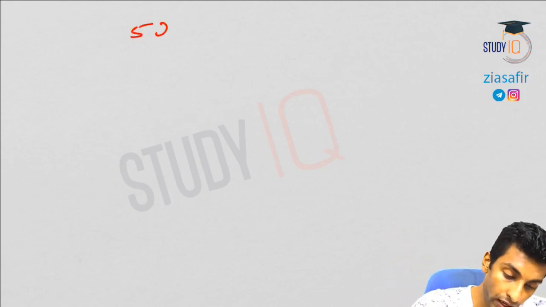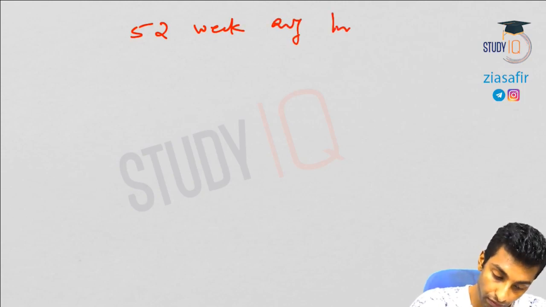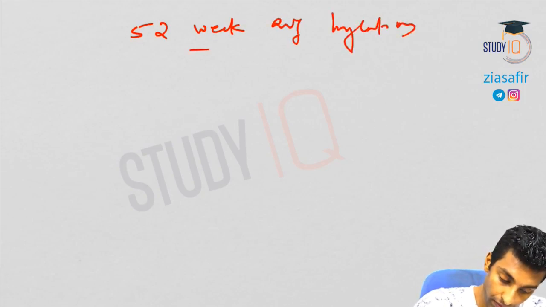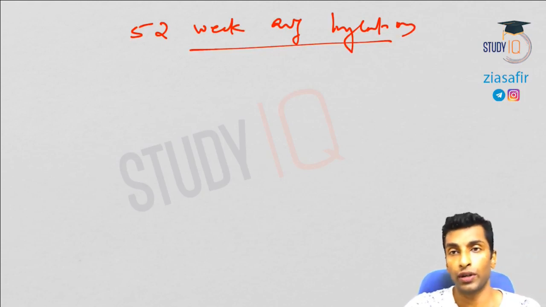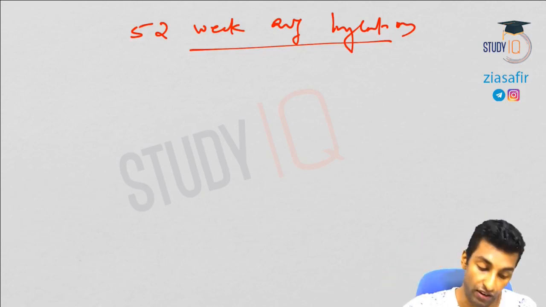Next is 52-week average inflation. That is the next measure, okay? So what you'll do is you'll take point-to-point inflation every month and you'll take the average.